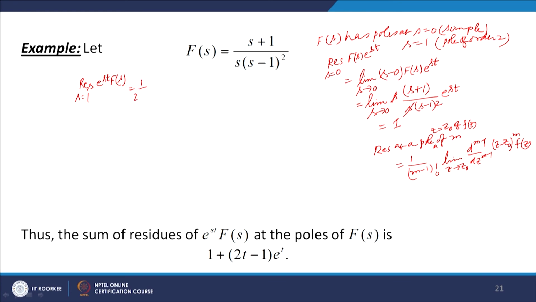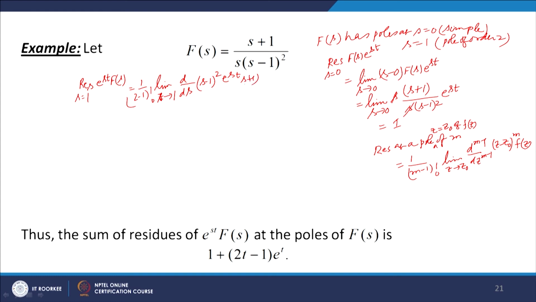So, we get 1 over (2 minus 1) factorial, limit z tends to 1. This is s here, so the limit as s tends to 1 of d over ds of (s minus 1) whole square into e to the power st into f(s).